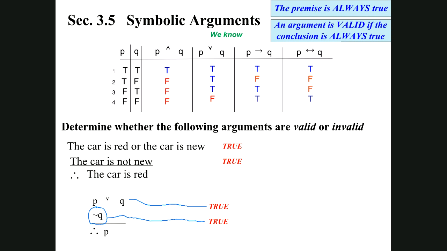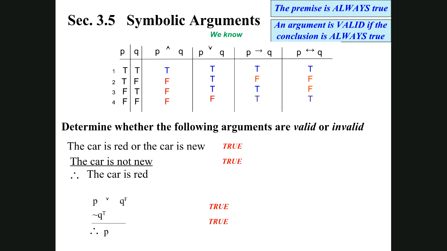Since this is a single statement, it could be either true or false, but since it's a premise by itself, we know not Q is true. Well, if not Q is true, then that means that Q must be false, right? Because if Q is false, then not Q is not false.